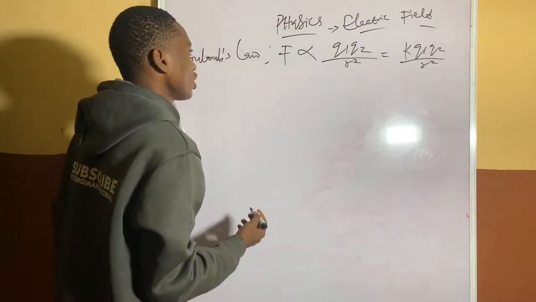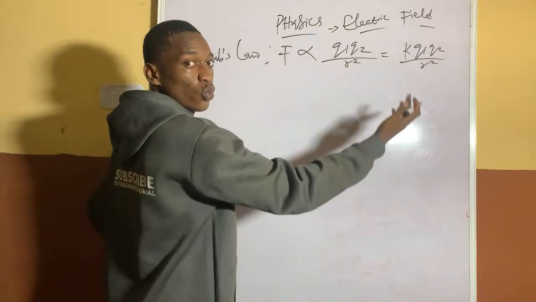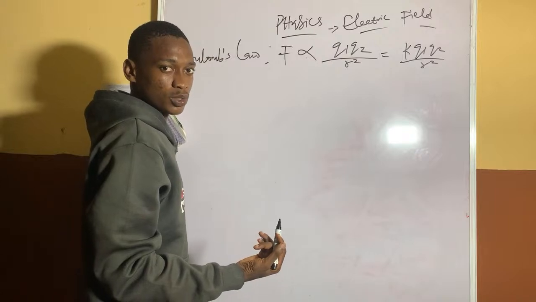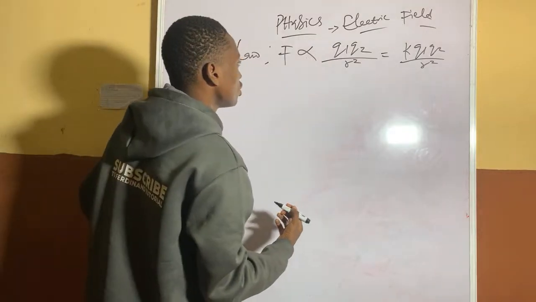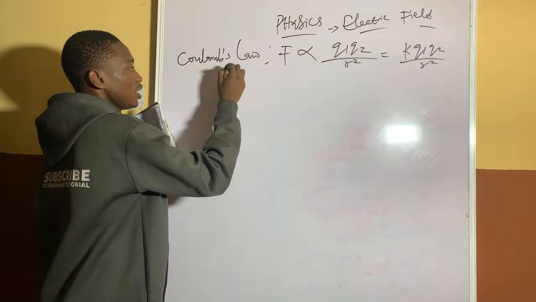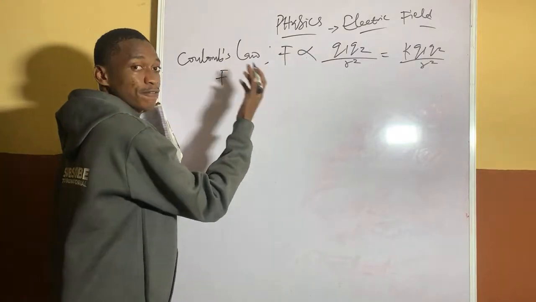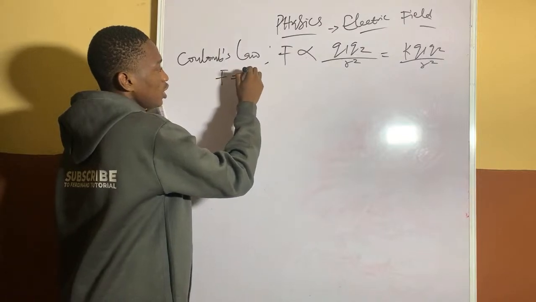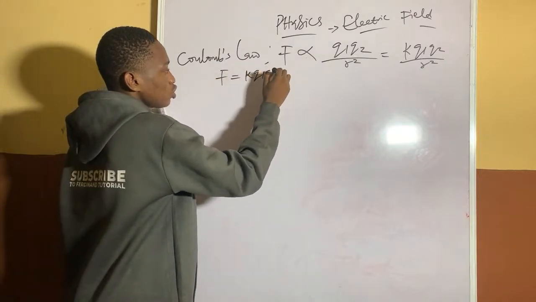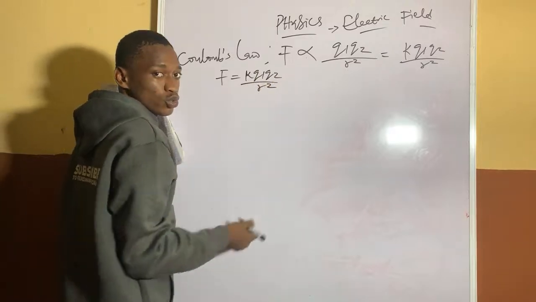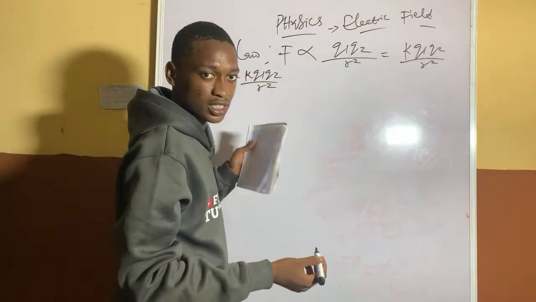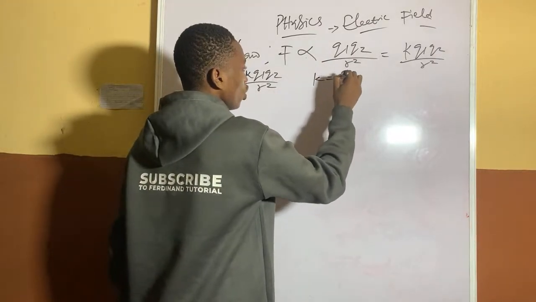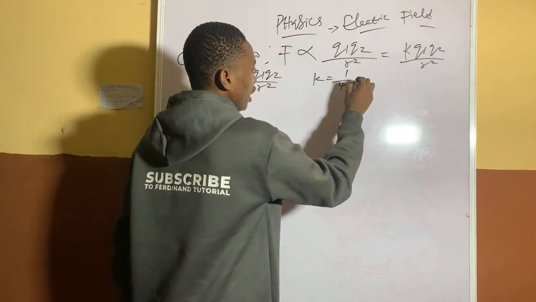So F is equal to KQ1Q2 all over R squared. In a nutshell, Coulomb's law says the electrostatic force, or electric force, is equal to KQ1Q2 all over R squared, where K is the constant. This constant is given as K equals 1 over 4 pi epsilon naught.